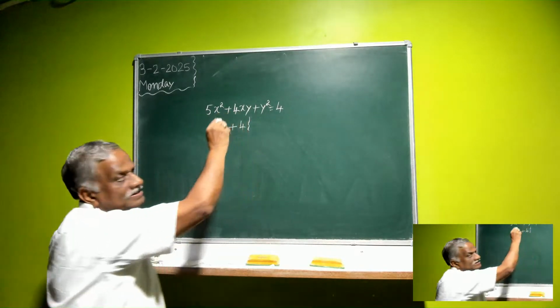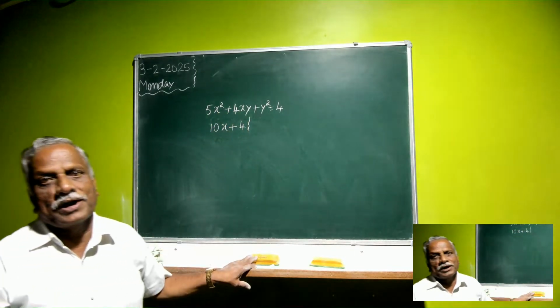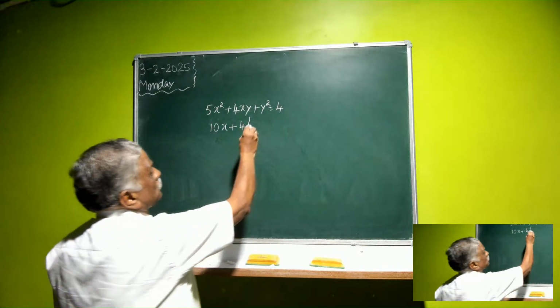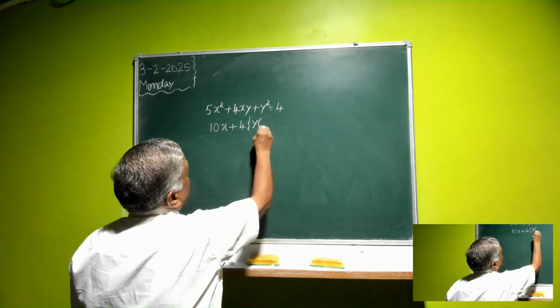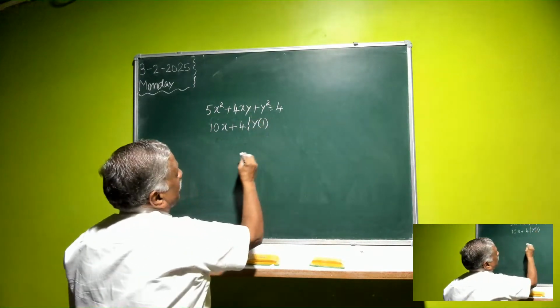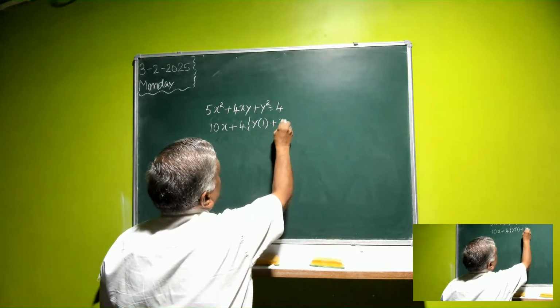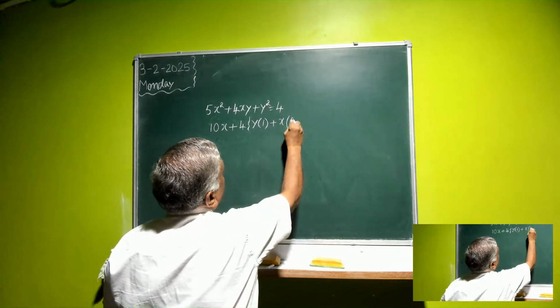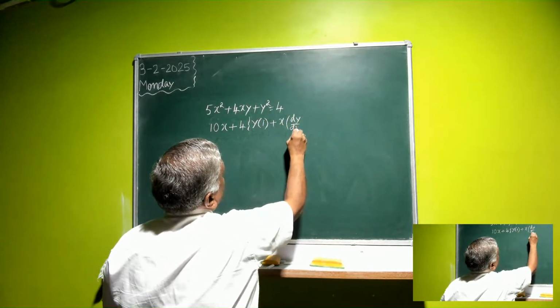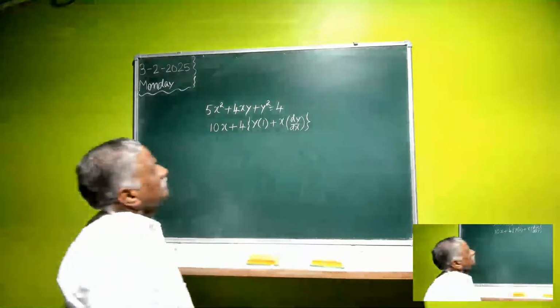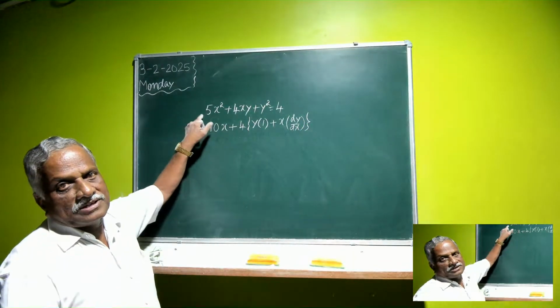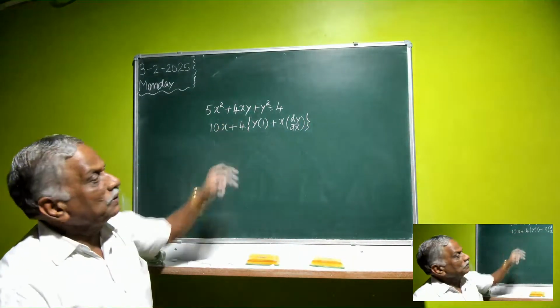You must realize xy is a product. Therefore, apply the product rule: keep y, differentiate x, that is 1. Keep x, differentiate y, you get dy by dx. So we have to go term by term. This is direct, this is product rule.